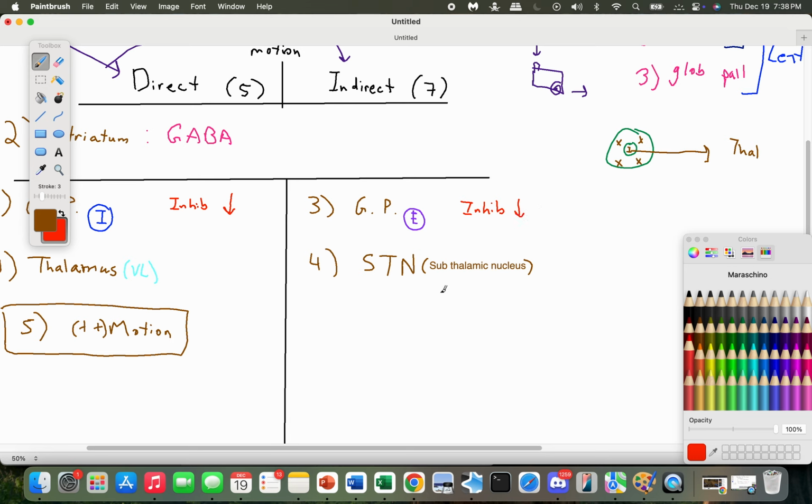Normally, GPE causes an inhibitory signal on the subthalamic nucleus. And that's when neither the indirect pathway nor the direct pathway is called upon. So it's a constitutively active inhibition of the subthalamic nucleus from the globus pallidus externus.